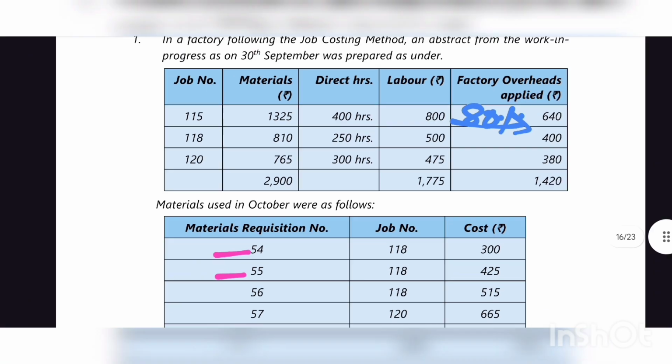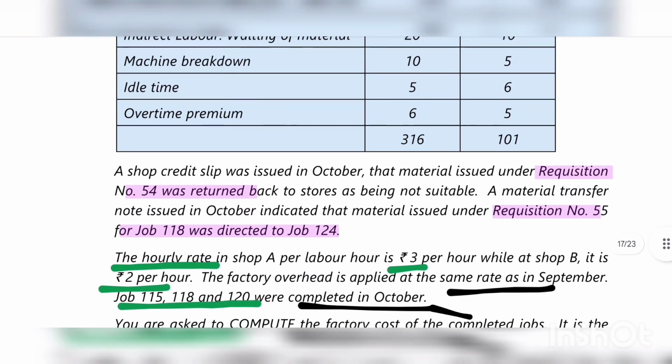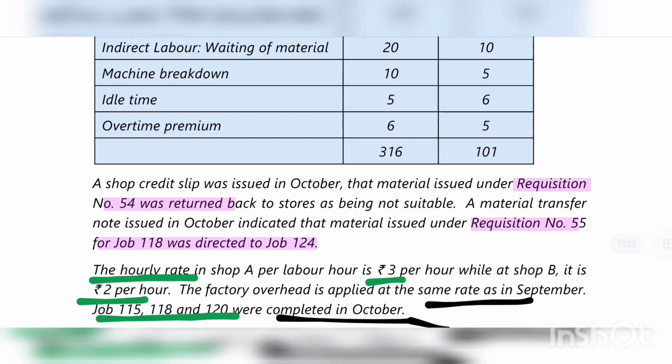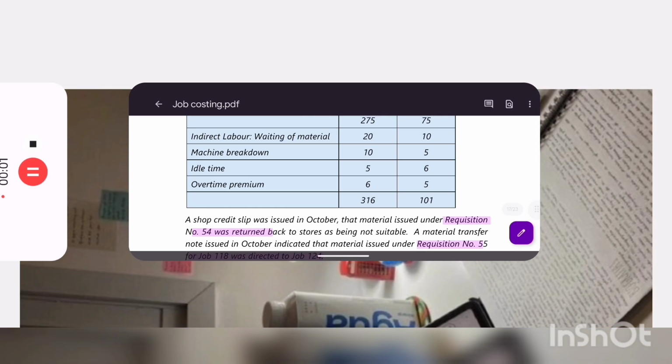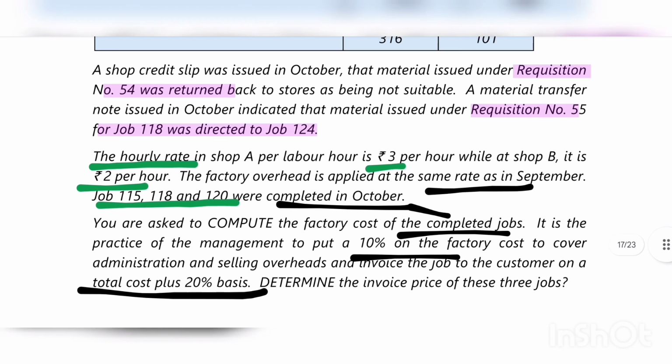So that should be taken for overheads, and then in the given information we have read that requisition number 54 was written back and 55 was transferred to another job 124, which we don't need in this case. We need jobs 115, 118 and 120.